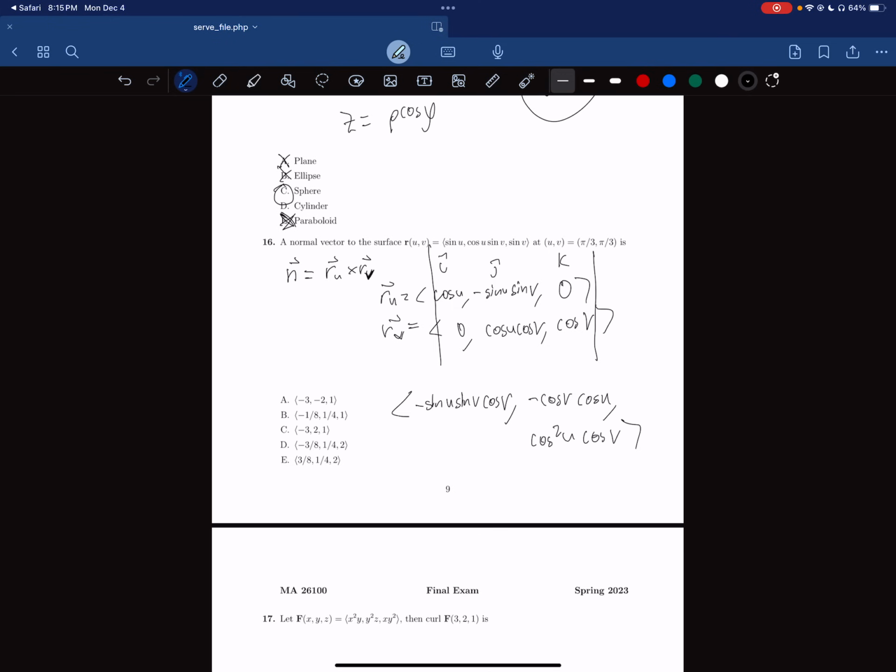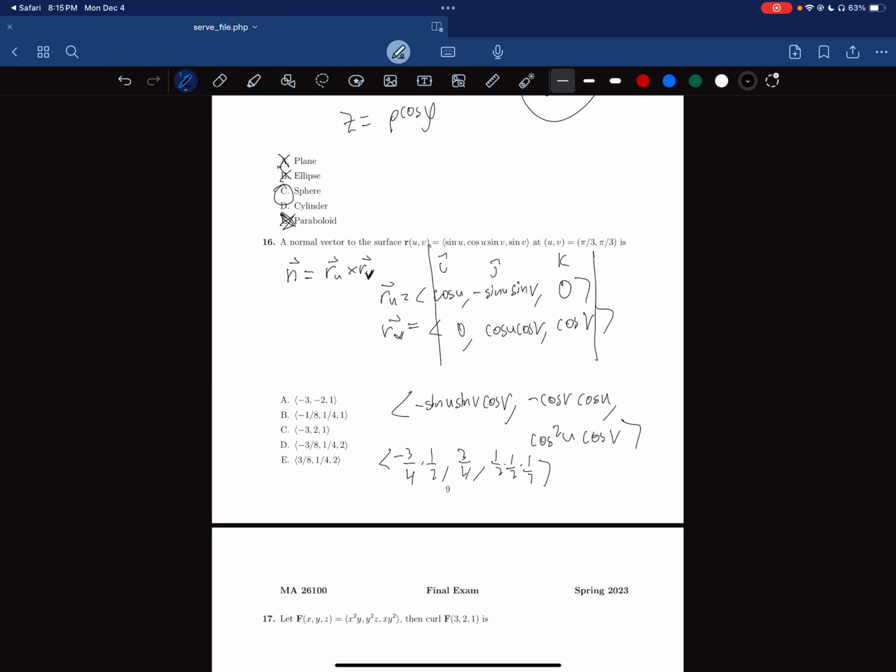So we have a sine u, sine v. So in the first component, we're going to have negative 3 over 4, sorry, times a 1/2. Second component, we're going to have not a root 3, a 3 over 4. I can't write today, okay. And a cos squared u, so 1/2 times 1/2 times 1/2. It's very nice here.